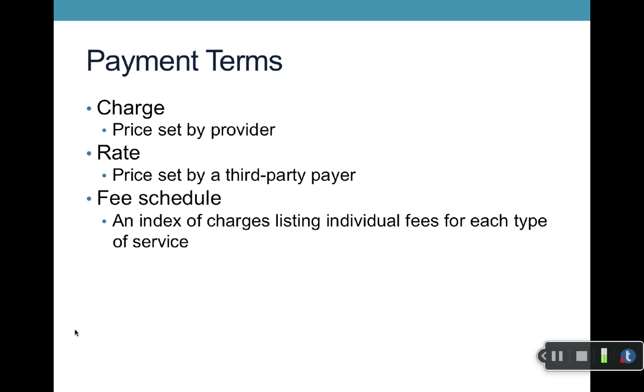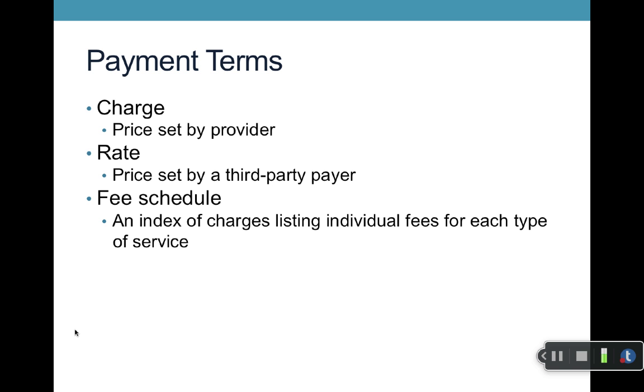Typically, what happens in most cases is that what is charged by the provider ends up being the same as the rate or the price set by the third-party payer, and then the third-party payer simply pays that full amount. But in some sectors, that may not be true. The fee schedule is a list of charges of the individual fees for each type of service, right?